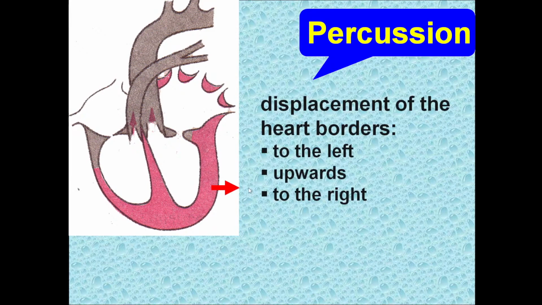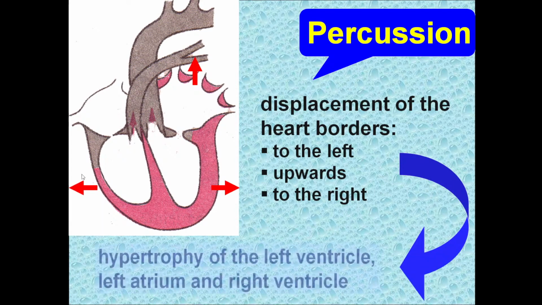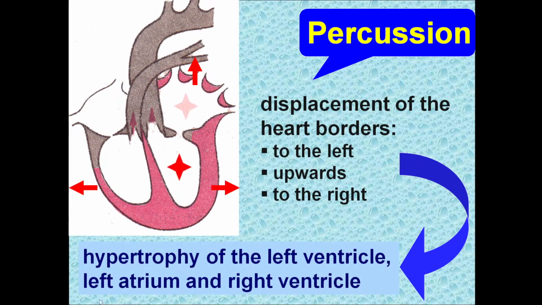To the left, because of the hypertrophied left ventricle, upward due to the hypertrophied left atrium, and slightly to the right due to the reflectory, compensatory, hypertrophied right ventricle. But most significantly, the pathological process localizes nearest to the left heart chambers.